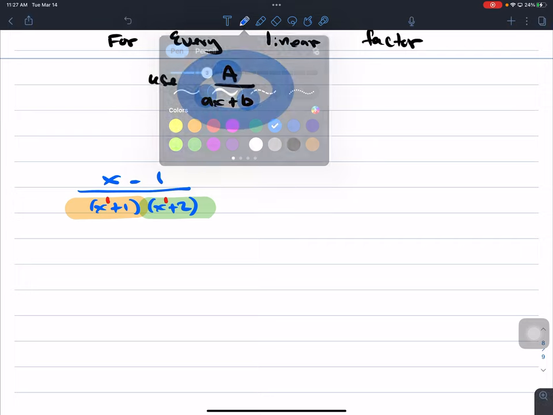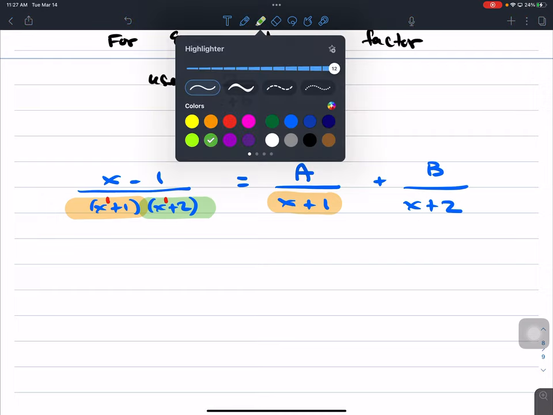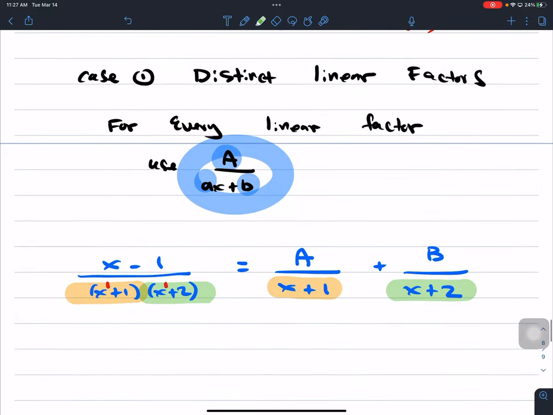This is going to be equal to A over that first linear factor, so this is for the first one, plus B over x plus 2, and this is for the second one. So far, so good? This is called case 1, when you're dealing with distinct linear factors. For every linear factor, you replace it with a constant.